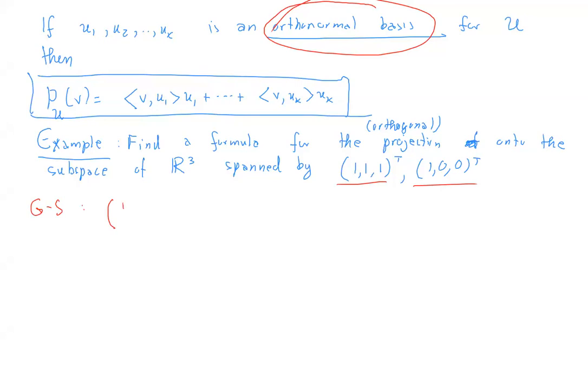Okay, so 1 over square root of 3, 1 over square root of 3, 1 over square root of 3. And so that's the first vector. And for the second vector, we're going to do (1, 0, 0) minus the inner product of the second vector with the first vector that we just found.